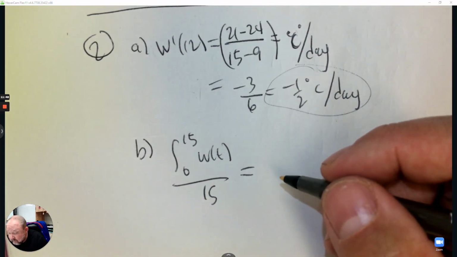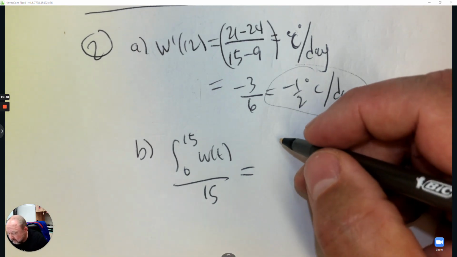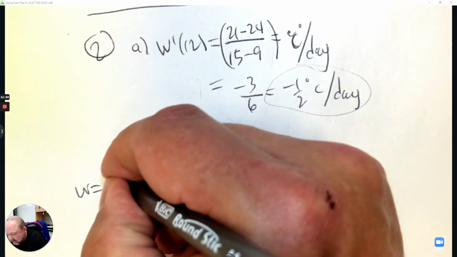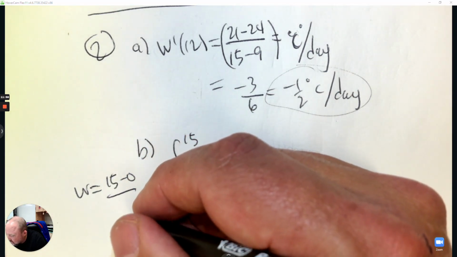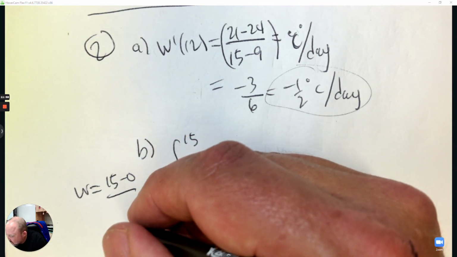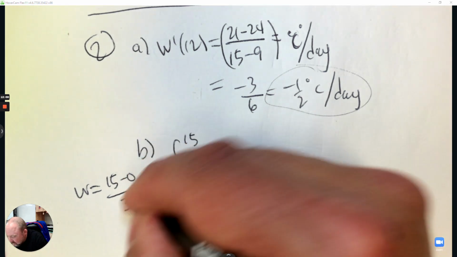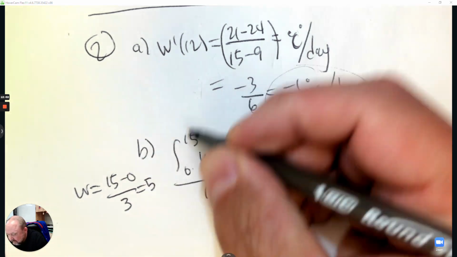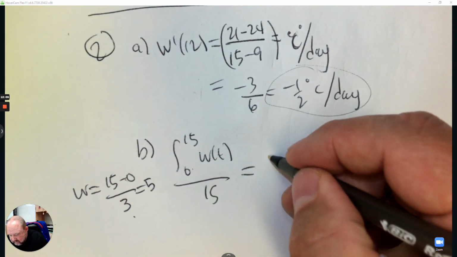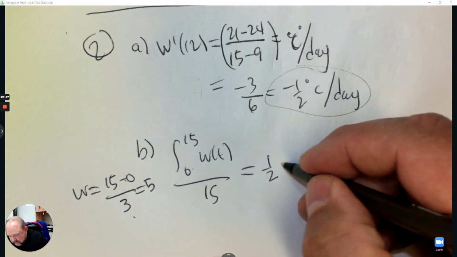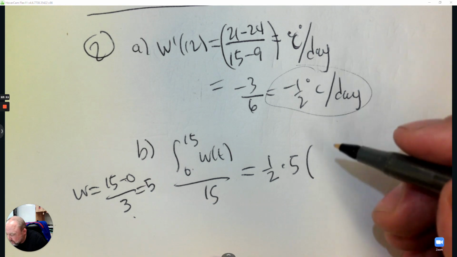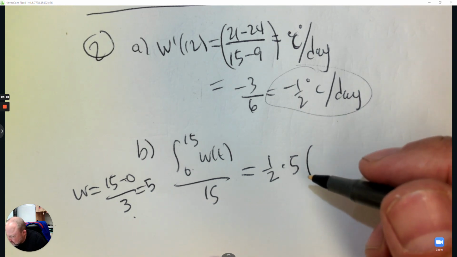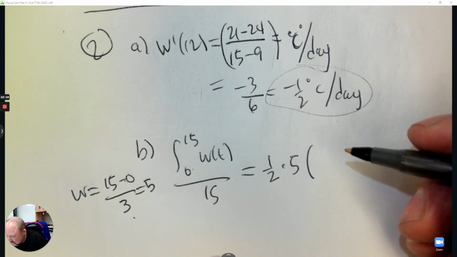So to use a trapezoidal, first of all, the width is top subtract bottom divided by how many trapezoids we have. 3 days. All right, so the average width then is 5. So 1/2 times 5, right? No, 3, right? We're just going to do 3.